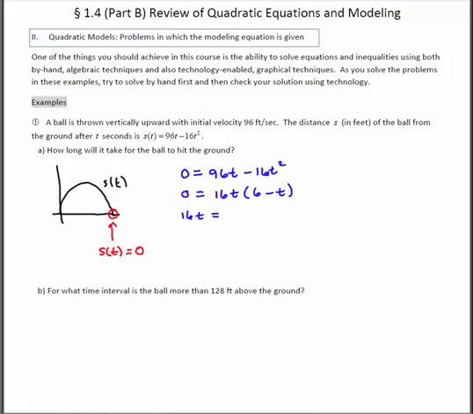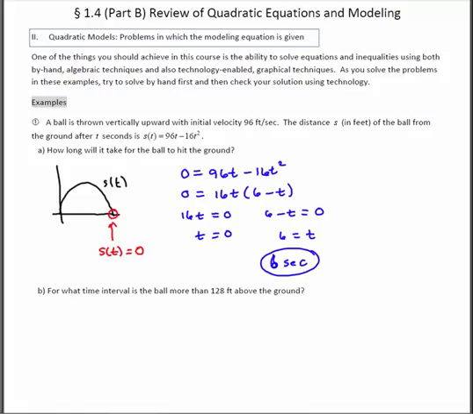So either 16t equals 0 or 6 minus t equals 0. The first one gives me t equals 0. The second one gives me t equals 6. Certainly 0 would be the starting point when the ball first leaves the ground. So the one that I'm interested in is the 6. After 6 seconds, the ball hits the ground.